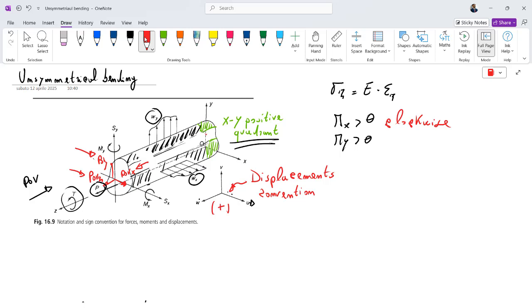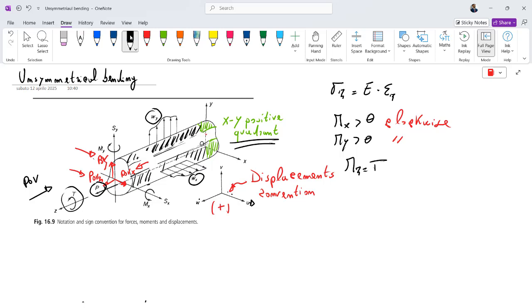If I look from the point of view of y, I can also see a clockwise moment. So My is positive if it is a clockwise moment. Instead, if I look at this moment Mz, this moment is a torque.